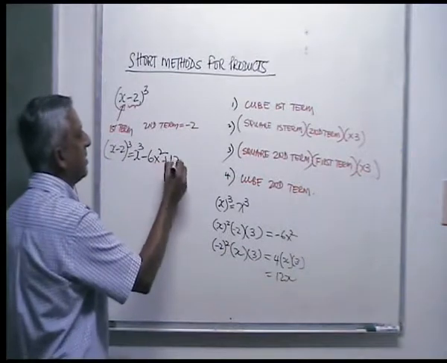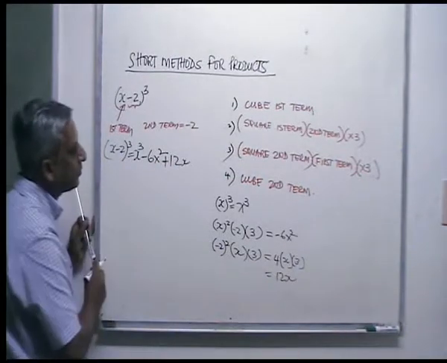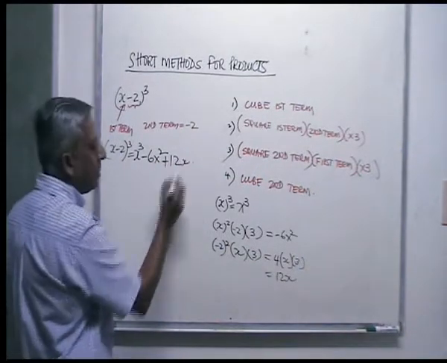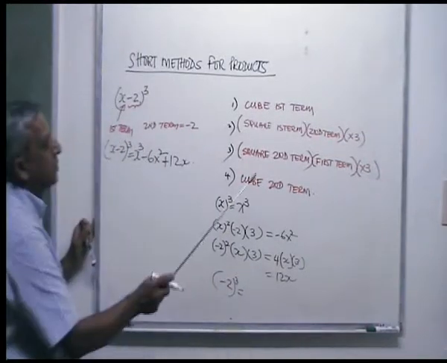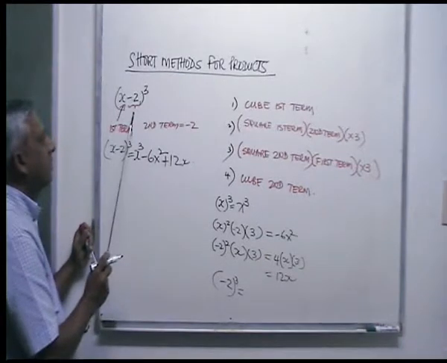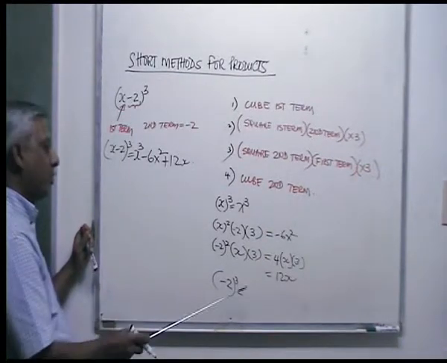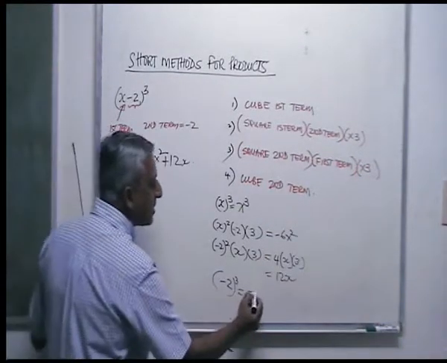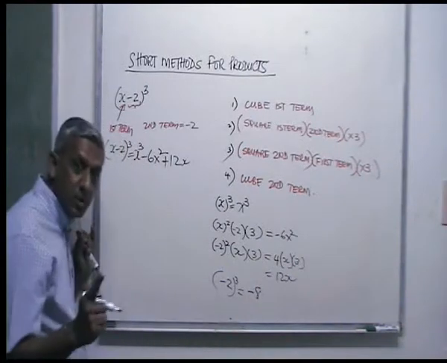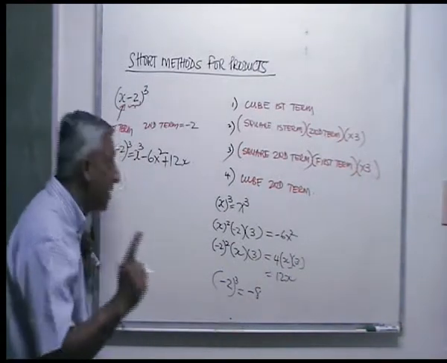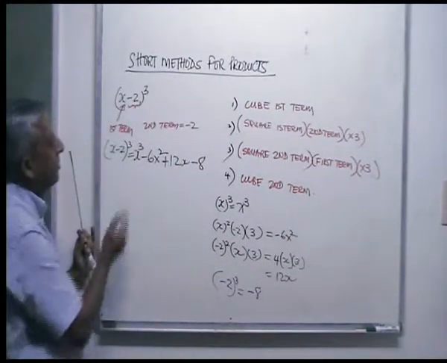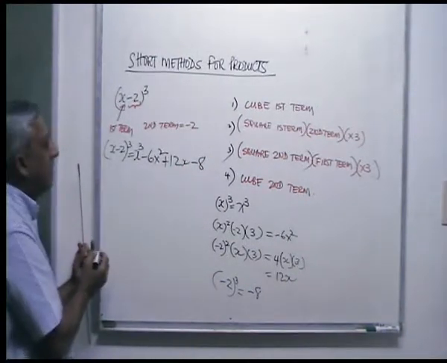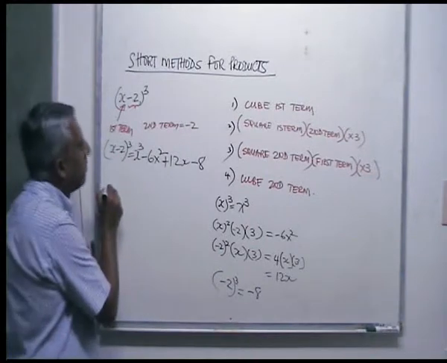So that's plus 12x. And finally, you've got to take minus 2 and cube it. If you cube the second term, you will get minus 8, because it is minus 2 times minus 2 times minus 2. So there's your answer.